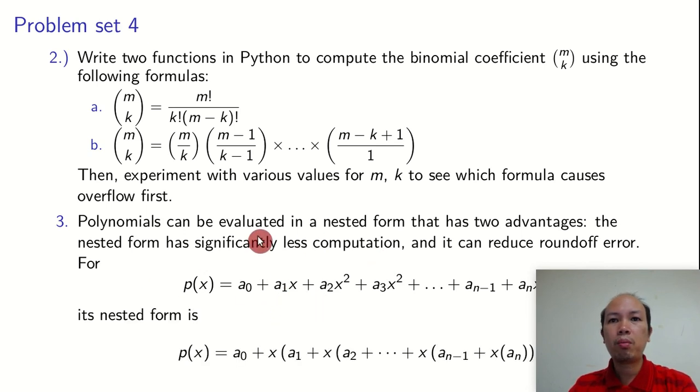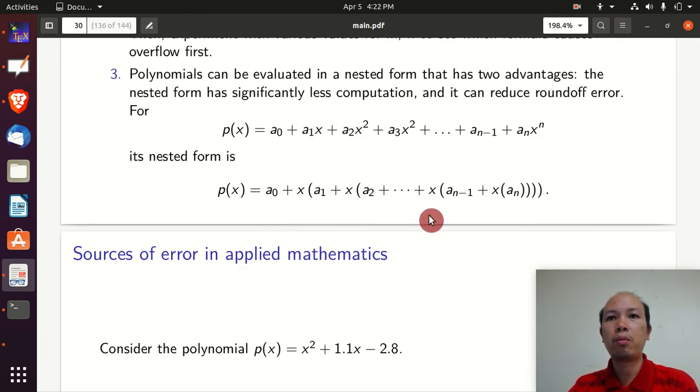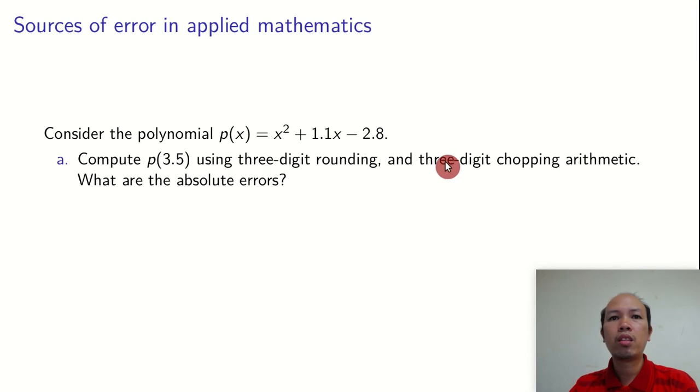This is the polynomial, and the nested form is this one. After this, apply those definitions using this polynomial: x squared plus 1.1x minus 2.8.